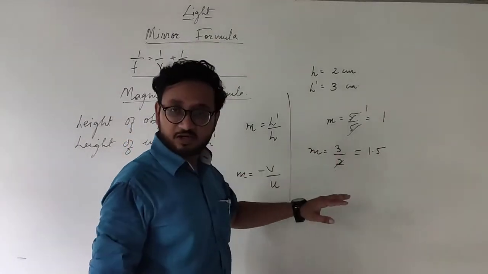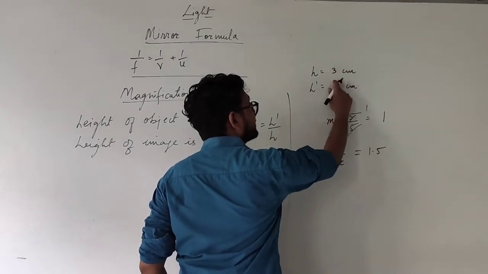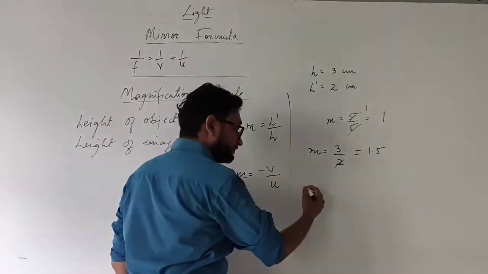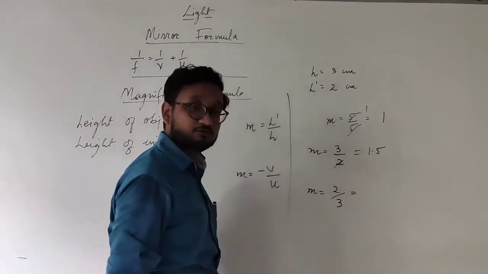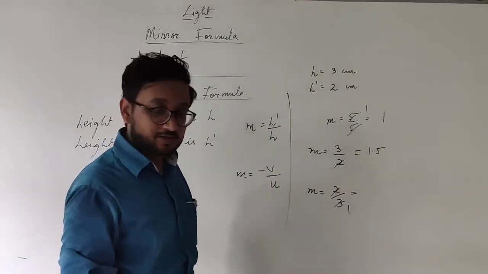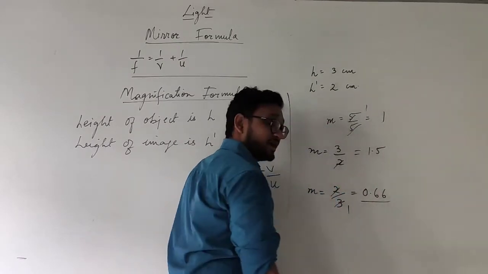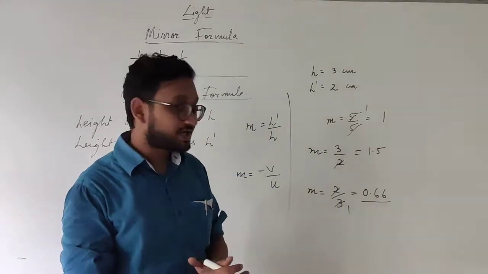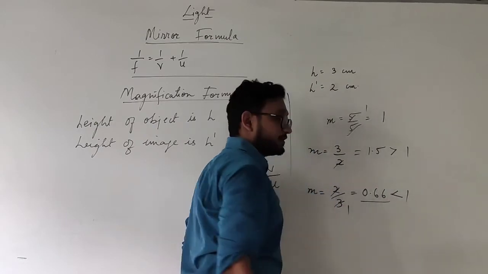But if the magnification is more than 1, that means it is an enlarged image. Suppose the case is reversed. Let's say that the object is 3 centimeters and the image is 2 centimeters. So you solve the magnification once again. So you get 2 upon 3. And once you solve this, you get 3, 1 and 3, 6, 18. So you will get 0.66 magnification. Now, because this is in decimal places, this number is smaller than 1, while the earlier number is greater than 1.